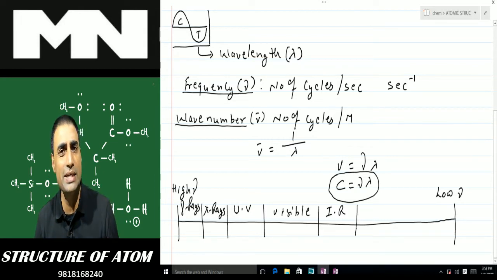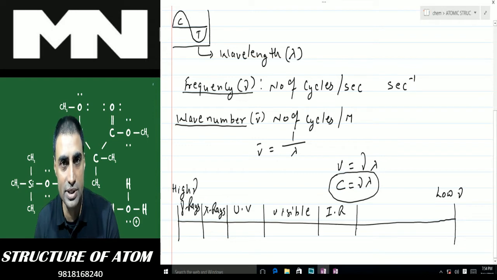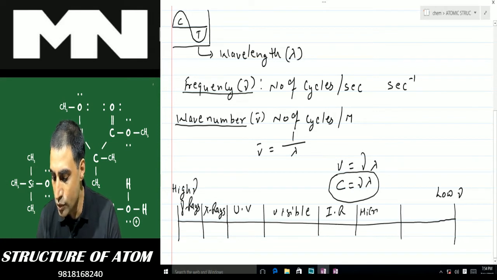Infrared radiation is not visible to us, but there are certain animals which can easily detect it, and they generally see through it. Like snakes or mosquitoes, they sense these infrared radiations. These radiations are generally used in a large number of remotes. They have the same velocity, the velocity of light, 3 into 10 to the power 8 meters per second. After infrared radiation, we have microwaves.